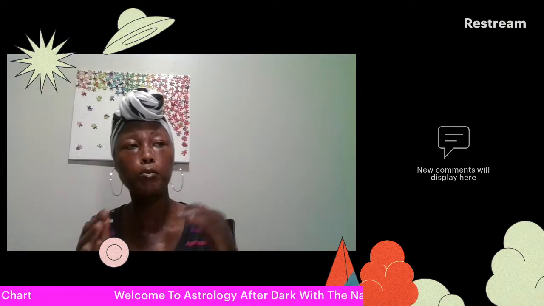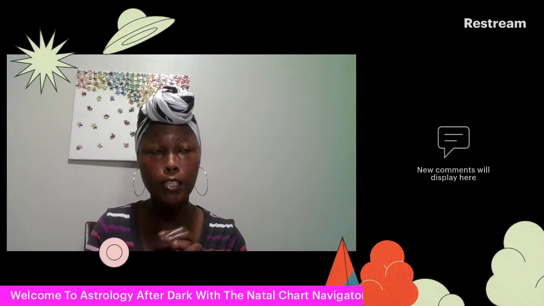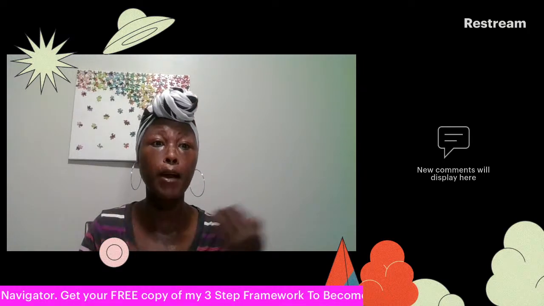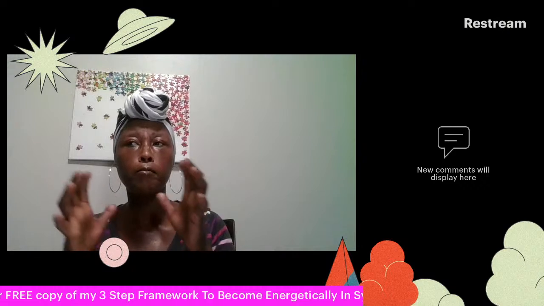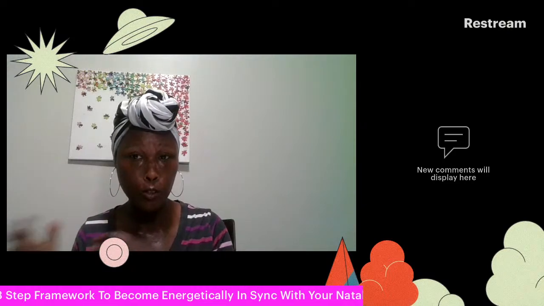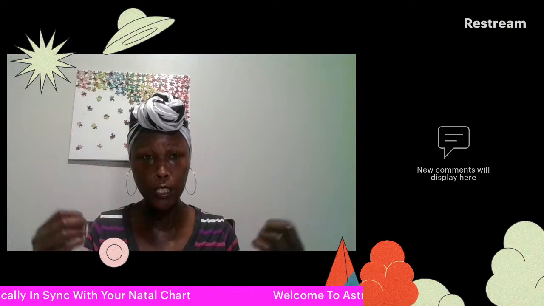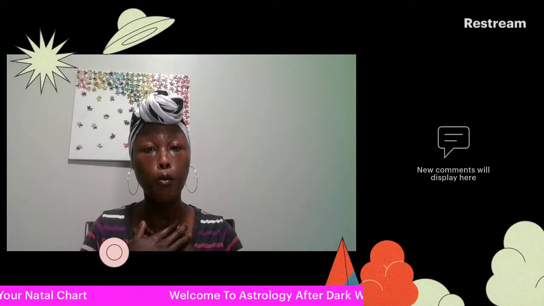Then when the moon shifted into Sagittarius, it was a lot better. The energy was a lot lighter, and I was able to start bouncing back from that Scorpio moon transit. Scorpio energy is very intense for me.